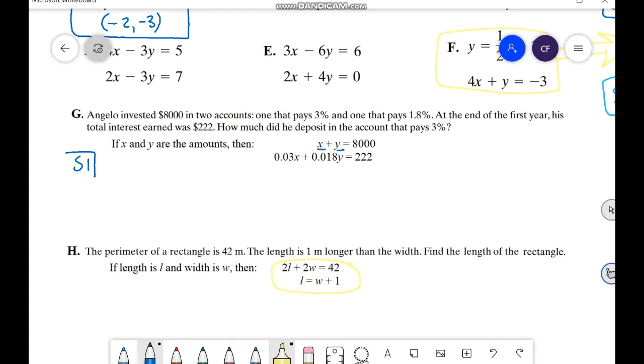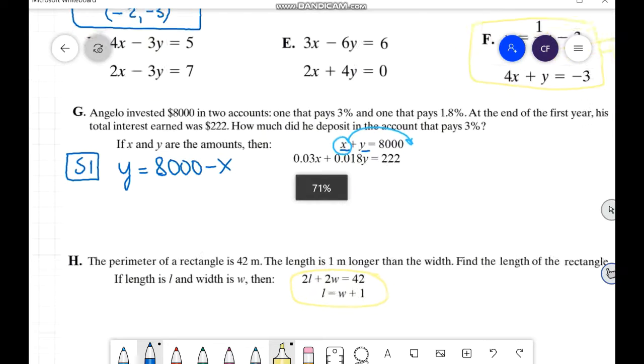Step number 1, isolate one of the variables, and we will isolate y. I like to isolate y because we're going to find much faster the result for x. So isolate y, and then you have y equals 8,000 minus x. Okay.